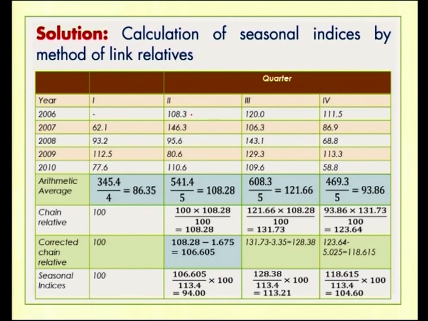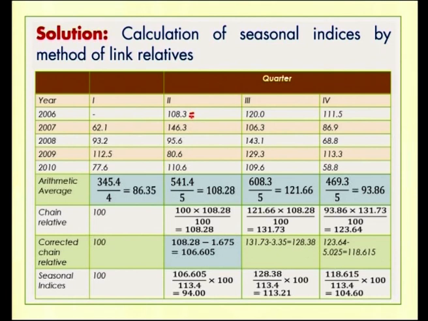First of all, for the year 2006, the first quarter value, because it is not having any previous value, is just left as it is, and the values are written in this format. And 108.3 corresponds to the second quarter value.